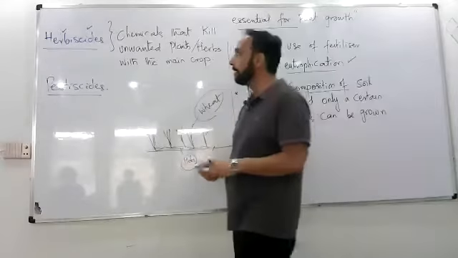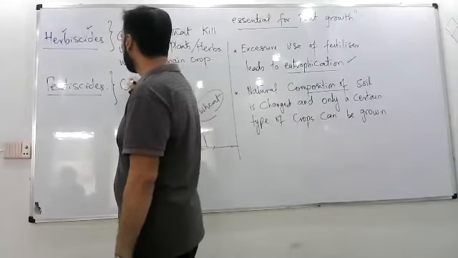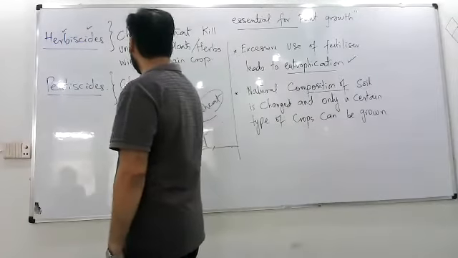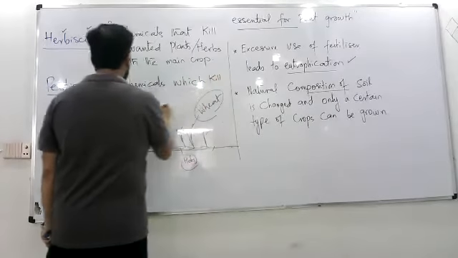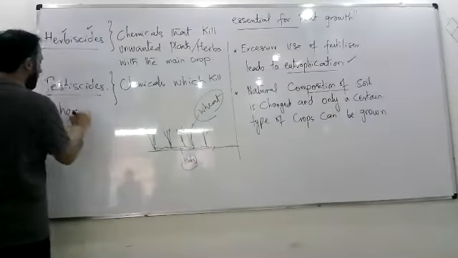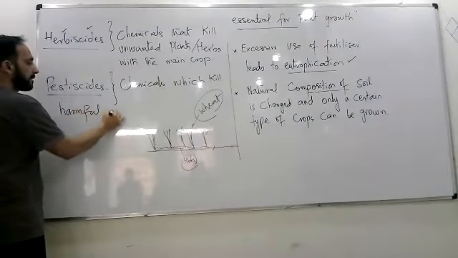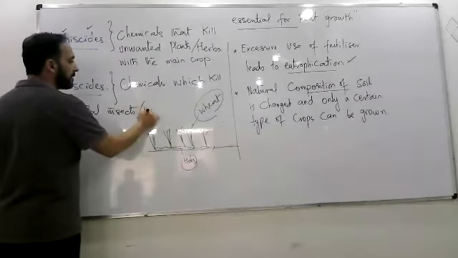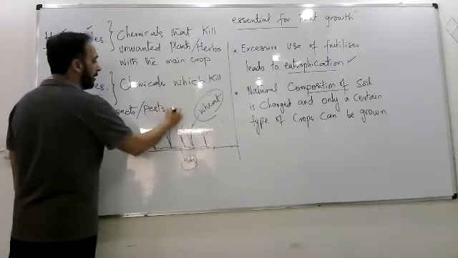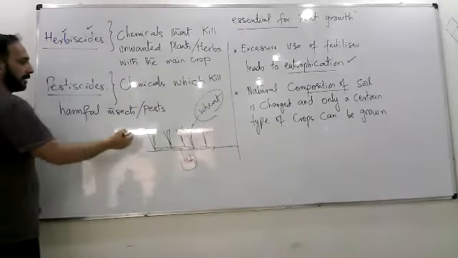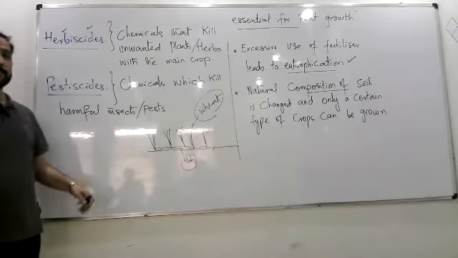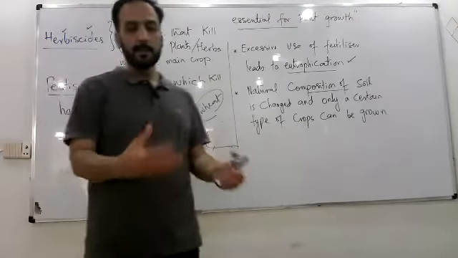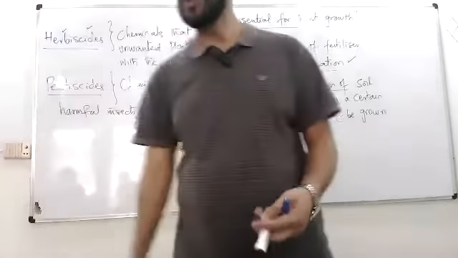So pesticides are the chemicals which kill harmful insects or pests and protect the crops. In a way, it sounds good. Okay, you can use herbicides and pesticides to get more and more crop and yield.